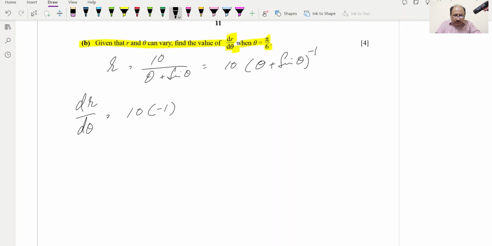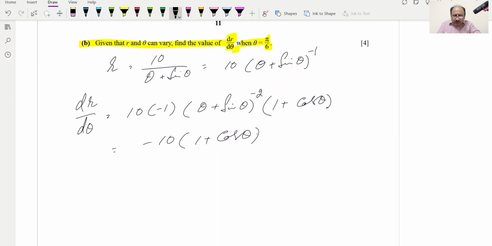The power is pulled first and the power minus 1 becomes minus 2, and the derivative of the inner portion will be 1 plus cos theta, and now we can rewrite it as minus 10 into 1 plus cos theta divided by theta plus sine theta, squared.